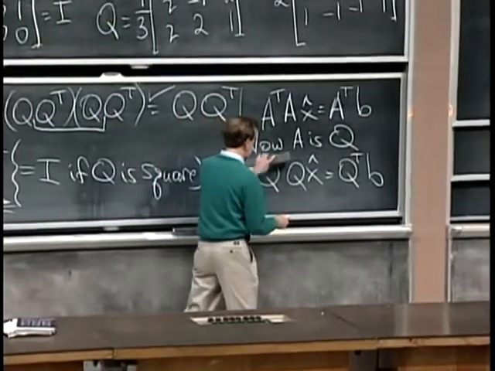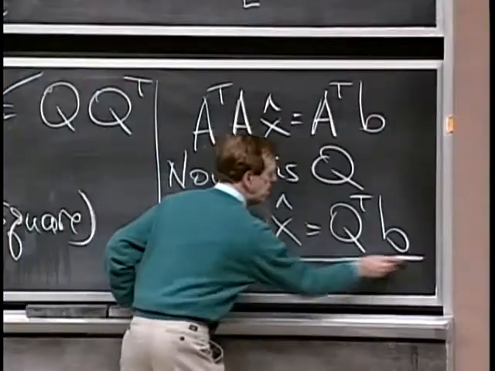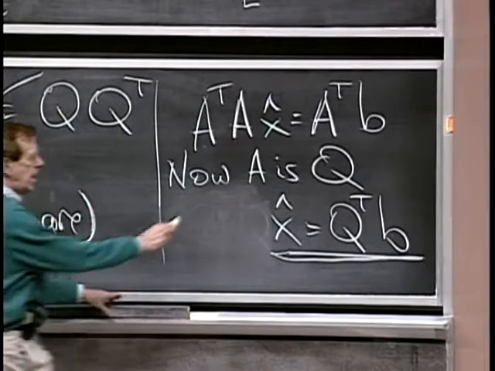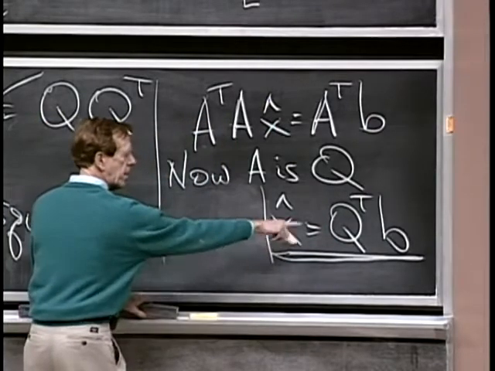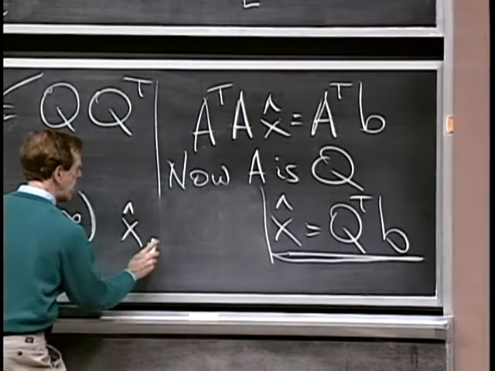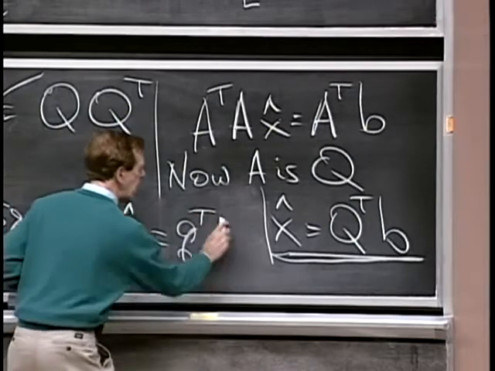This is the identity matrix. It's gone. And there's the answer. There's no inversion involved. Each component of x is a q times b. What that equation is saying is that the ith component is the ith basis vector times b.